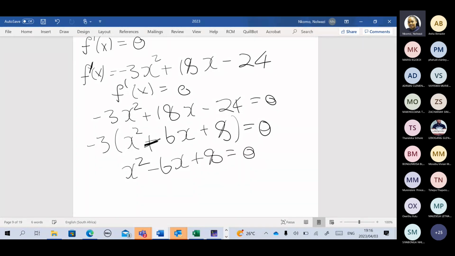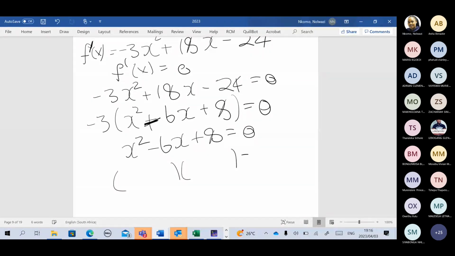If you can't find the factors and it's wasting time, just use the quadratic formula and still get the same thing, right? If you solve this, you'll have x equals 4 or x equals 2. We have two values, right? Okay. We now have our stationary points.